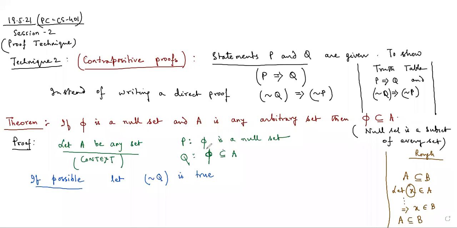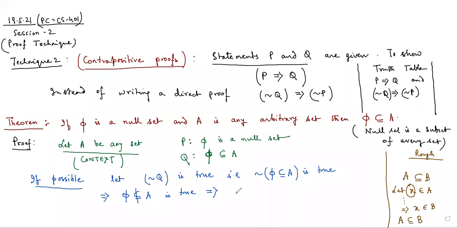Okay, if possible, let not Q be true. That is, not Q means not of phi subset of A is true. This implies that phi is not a subset of A is true.